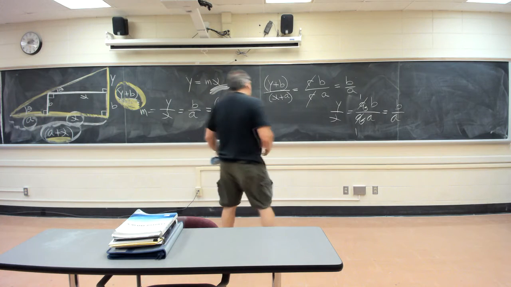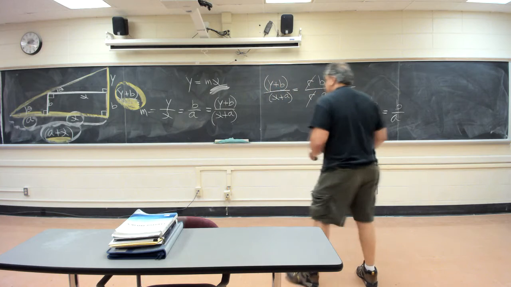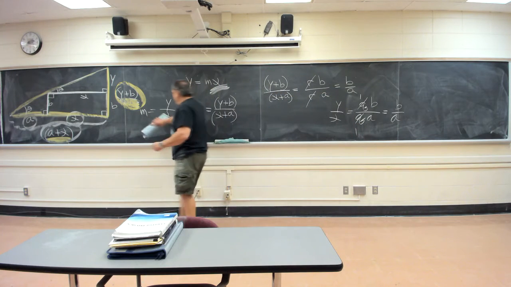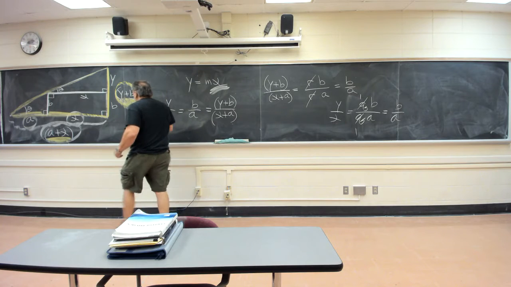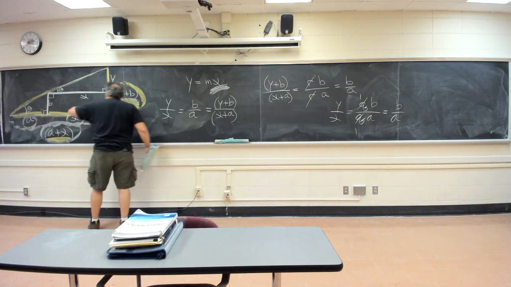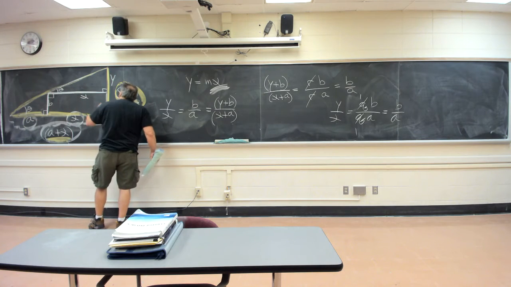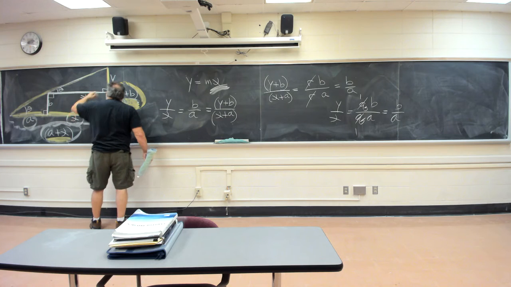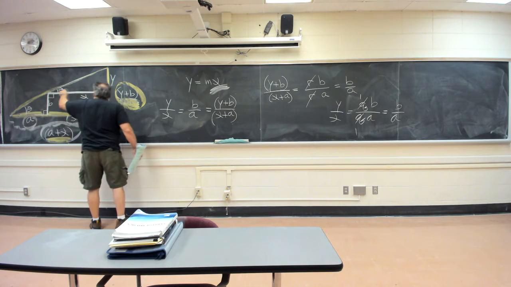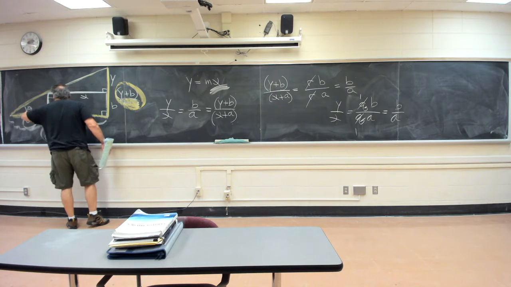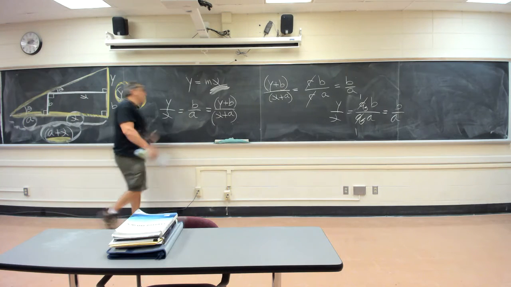And it is, and we're going to show that that's the case, and that ratio is m. So you could say rise divided by run for the big triangle is equal to rise divided by run for the smaller triangle is equal to rise divided by run for the smallest triangle.